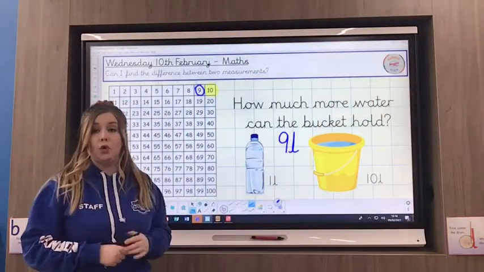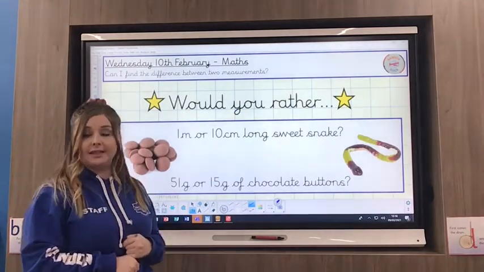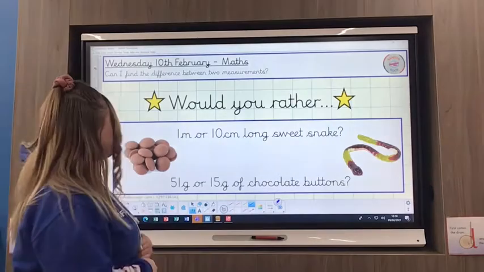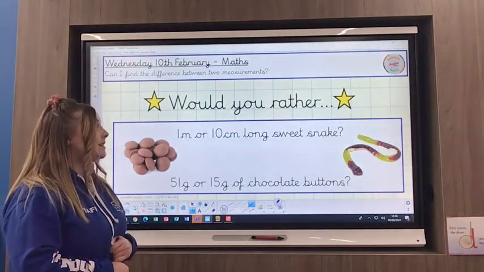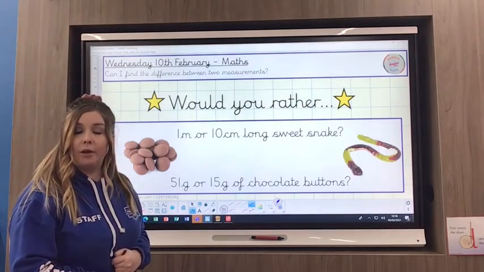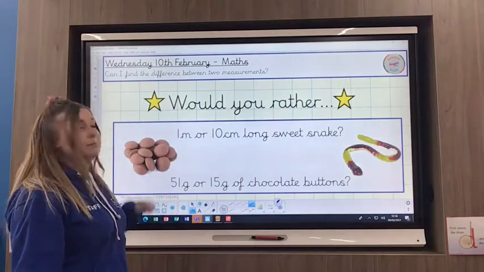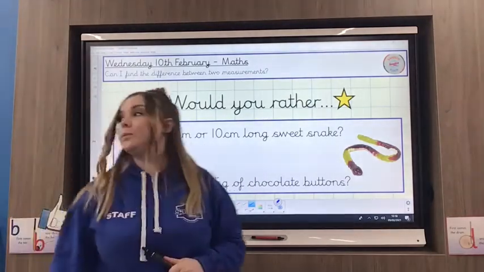And it's called Would You Rather. So you've got to decide now which you would prefer. A 1 metre or 10 centimetre long sweet snake. Which would you prefer? A 1 metre sweet snake or a 10 centimetre sweet snake?